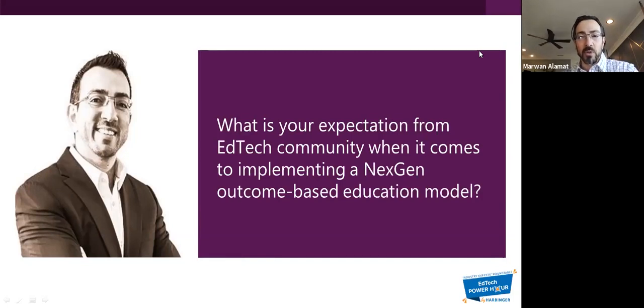It is about empathizing with the student and understanding what they're struggling with, what opportunities we have to help the student out, and thinking about designing an engaging experience.